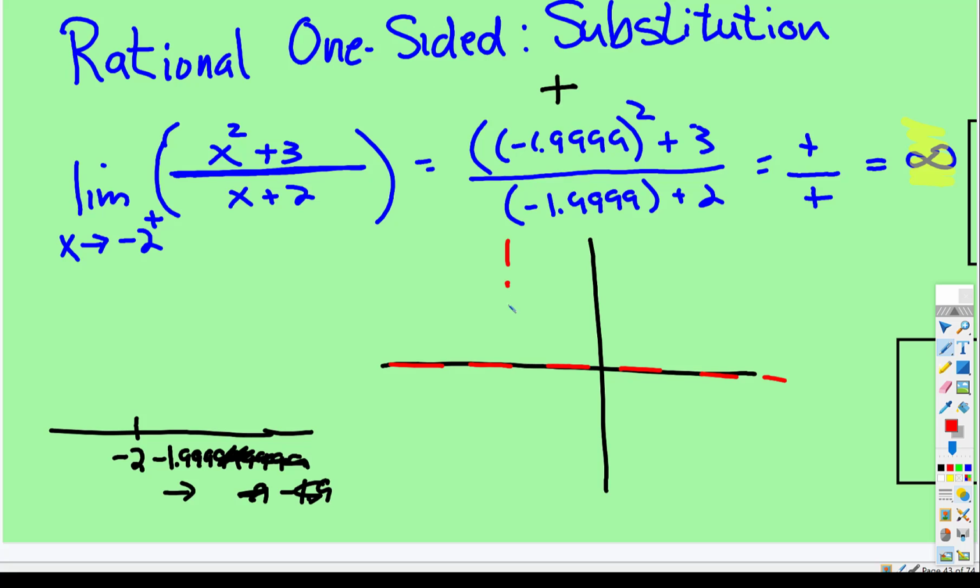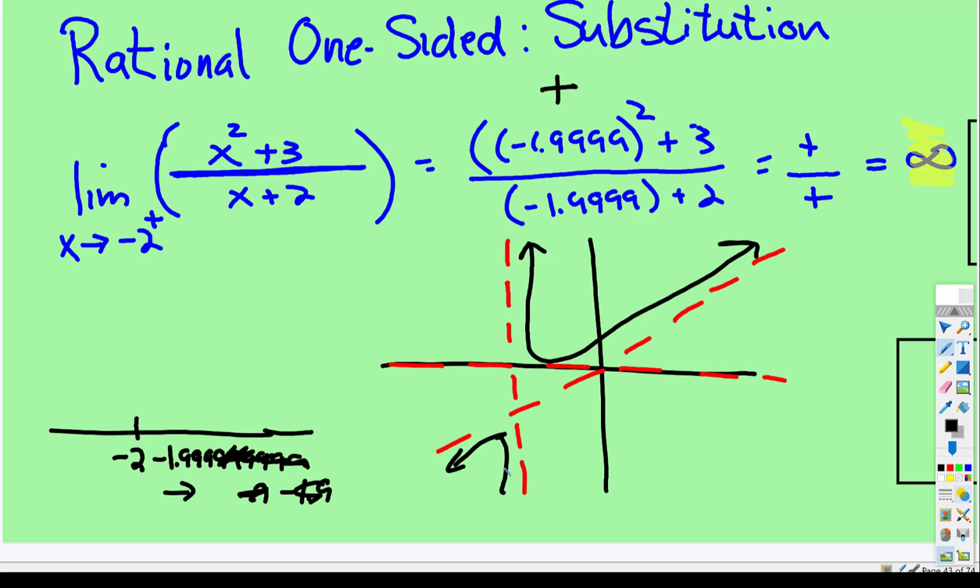At -2, you're going to have an asymptote. You might even have a third asymptote. And if your graph looks like this, if those are the asymptotes, that graph would maybe look like this. And look like this.